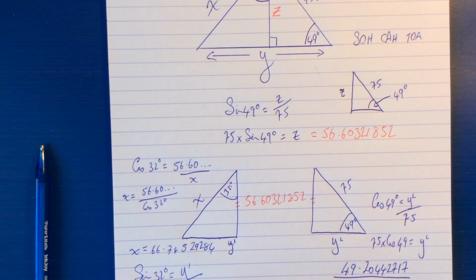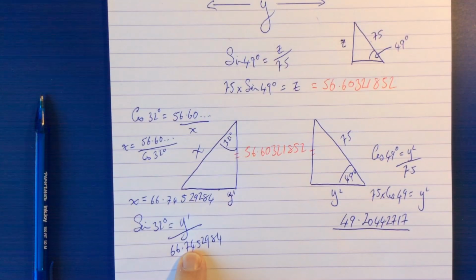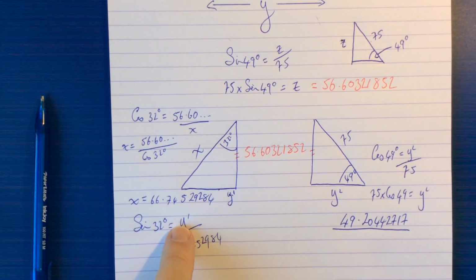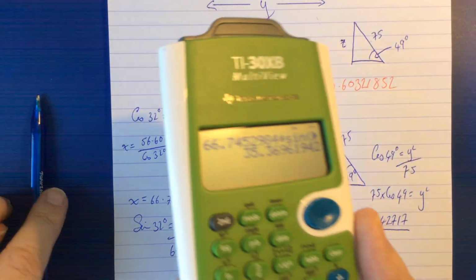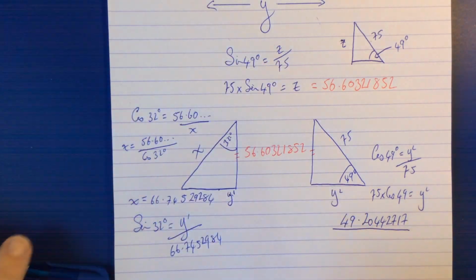So that number, let me get this in frame, that number times that will give us that. Let's go. 66.7452984 times the sine of 32 degrees, which gives us that, 35 and some change.